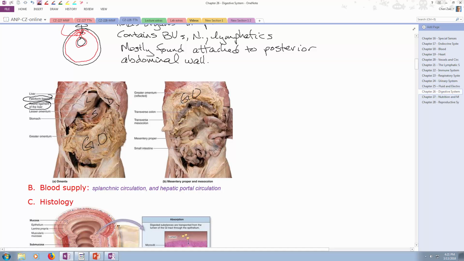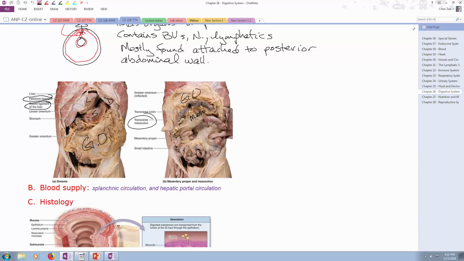It's much longer than what you would expect, and also has the greater omentum attached to it. However, it has its own, in us, mesentery, that is the mesocolon here, that is attached to the posterior abdominal wall that is actually responsible for keeping it in place. So that greater omentum from the stomach does not do that.